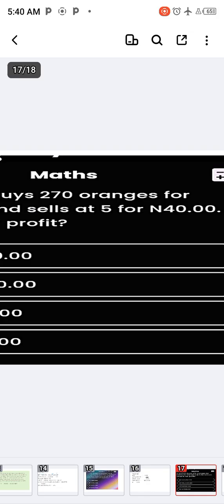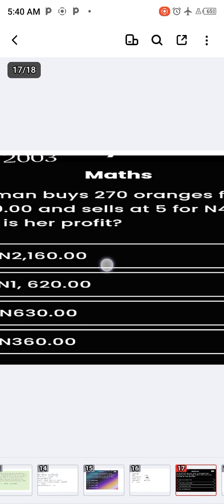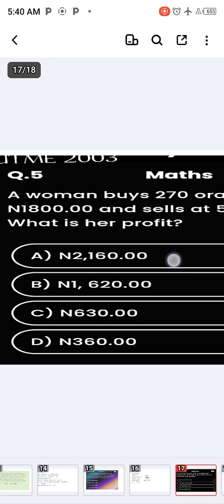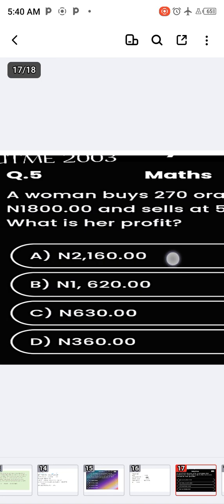Since each orange costs 8 naira, then the total of the oranges is 8 naira times 270. And whatever you have, you subtract the cost from it, and we will arrive at the profit. So let's go.